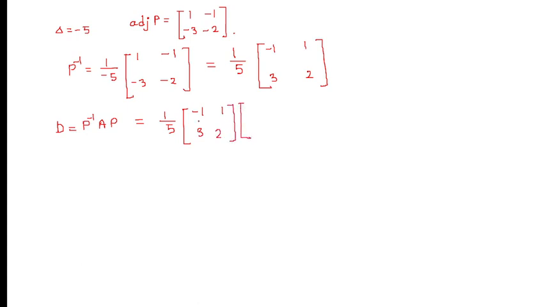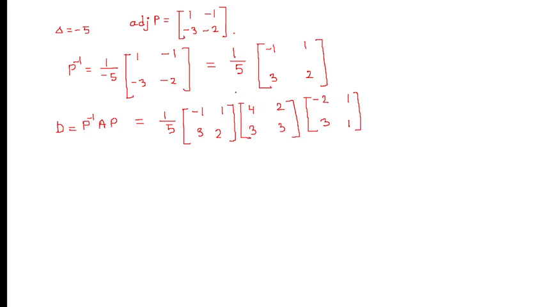A was 4, 4, 2, 3 and 3. And what is the actual P matrix? That was -2, 3, 1 and 1. Okay, now I am going to just multiply them.